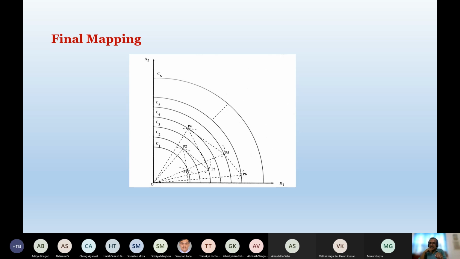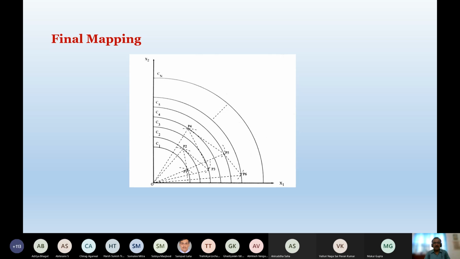Of their Euclidean distances, the connecting weight which has the minimum Euclidean distance you consider first, and the connecting weight which is the furthest from the origin you put at the end. For each Euclidean distance value, you draw circular arcs, for example C1, C2, C3, C4 up to Cn.